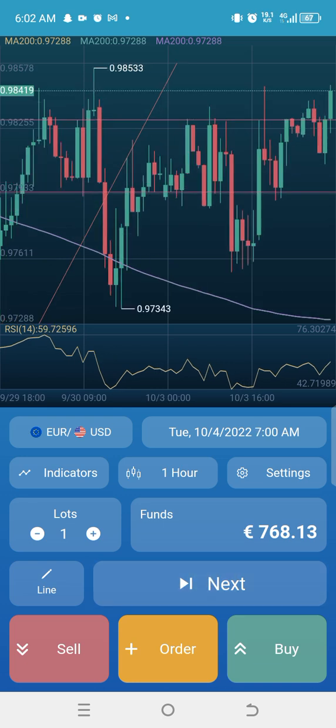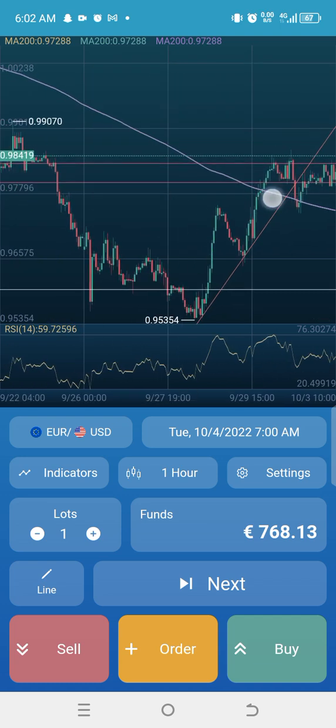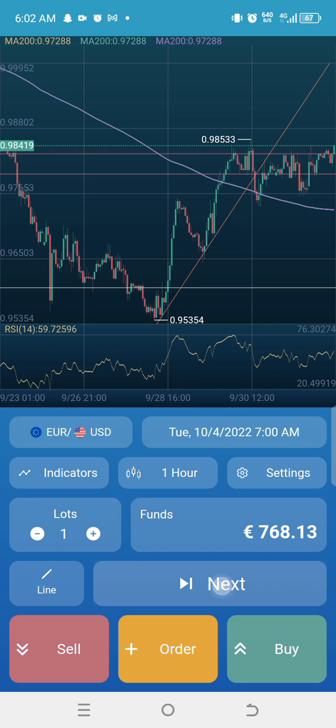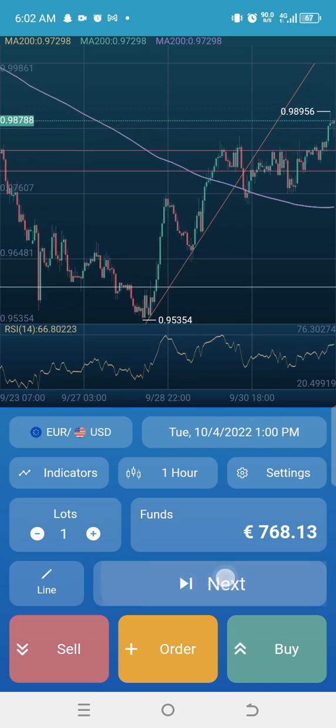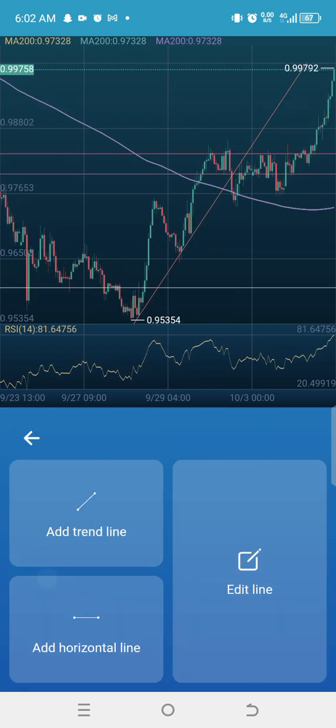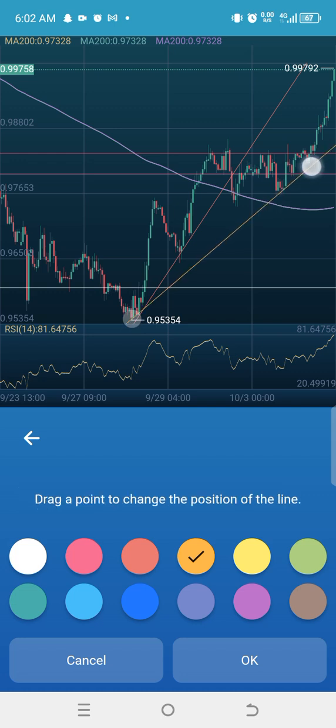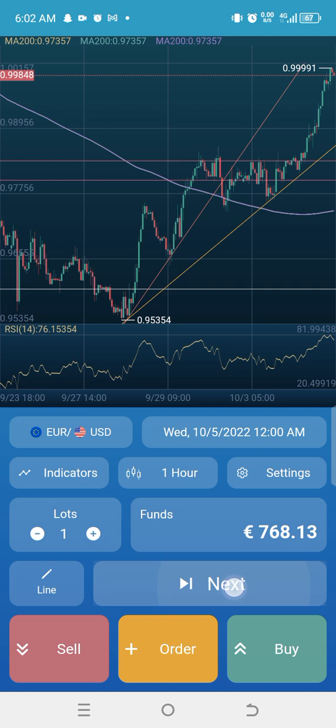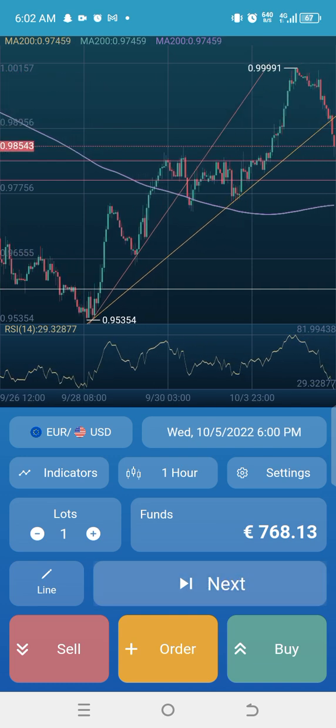But price has broken above this area, so I'll modify my trend line to include these points. So I'll draw another trend line like this. Wait for the break, which is there.